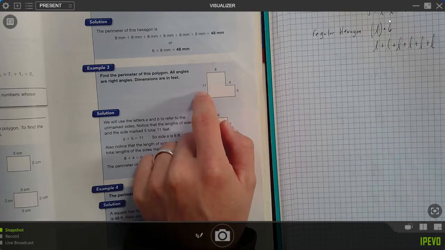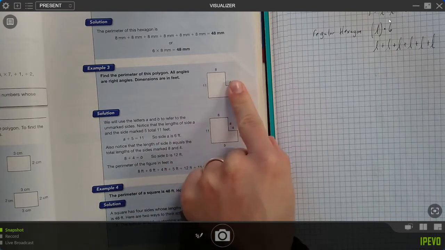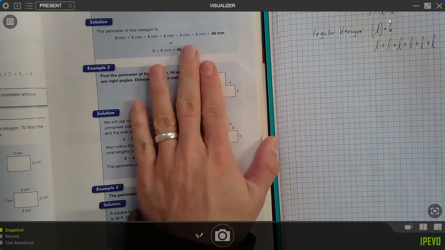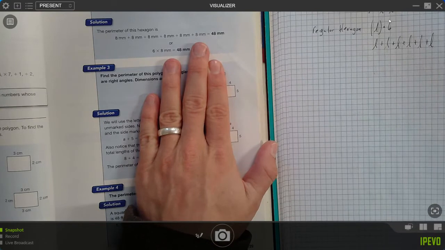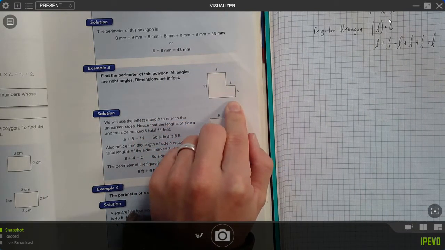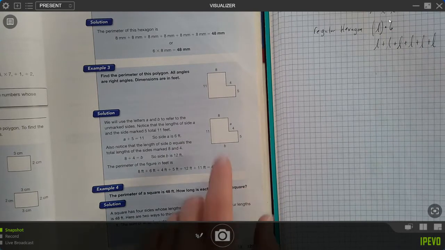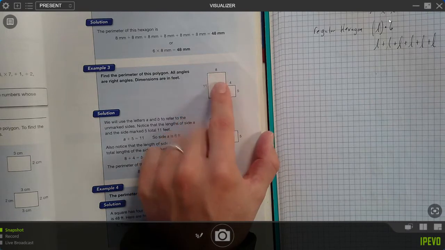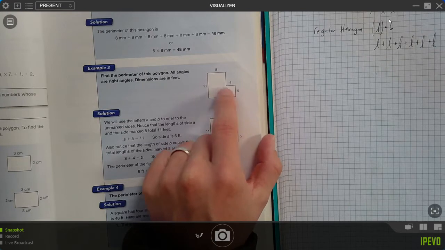Well, the 8 corresponds with this side here, and that 4 corresponds with this side here. So if that's 8 and that's 4, then this must be 8 plus 4, which gives us our answer of 12.